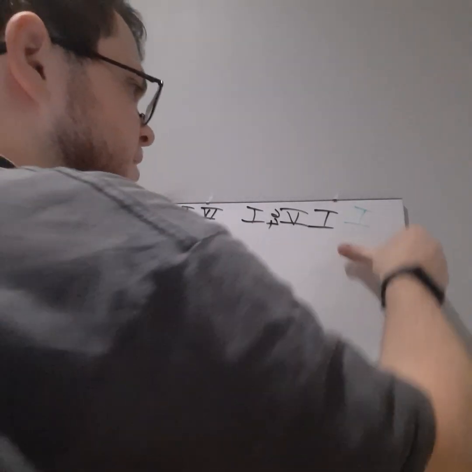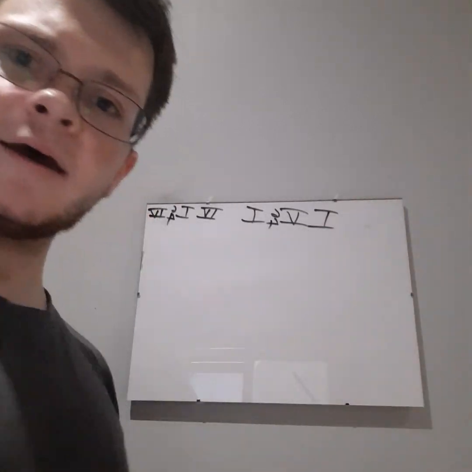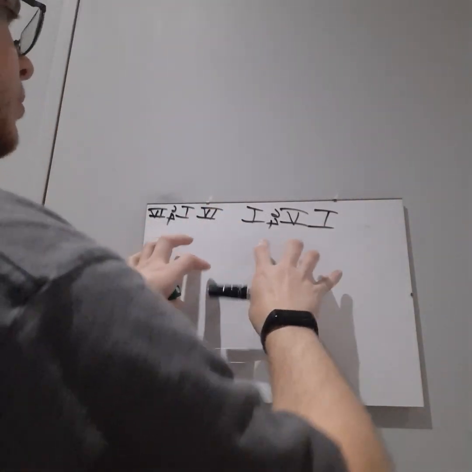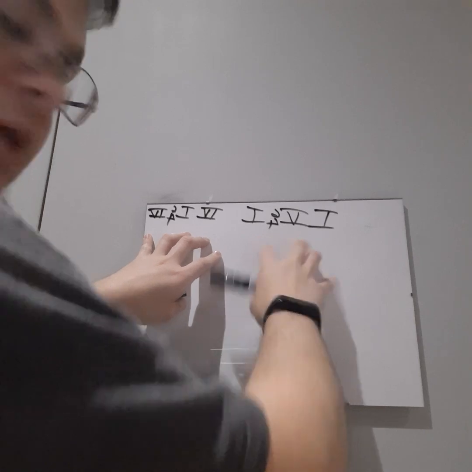Now, in both of these cases, we have a symmetrical progression, meaning that the middle chord will always be the 6/4 chord, and on either side we have a chord, in one case the chord 4, and in the other case the chord 1.